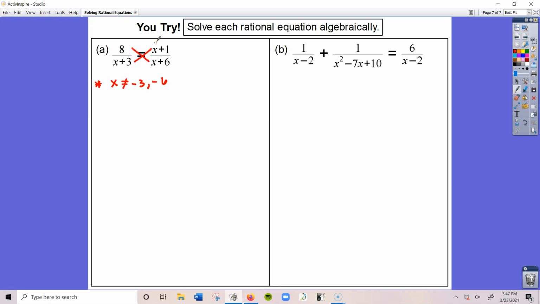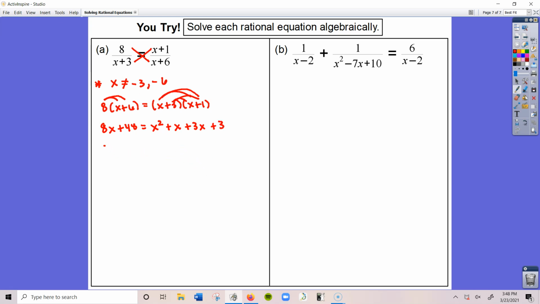Now I'm going to cross multiply. 8 times (x + 6) is going to equal (x + 3) times (x + 1). Now distribute. We get here 8x + 48 is equal, distribute here as well, to x squared + x + 3x + 3.